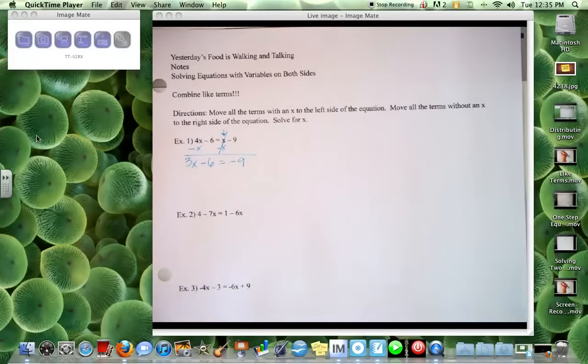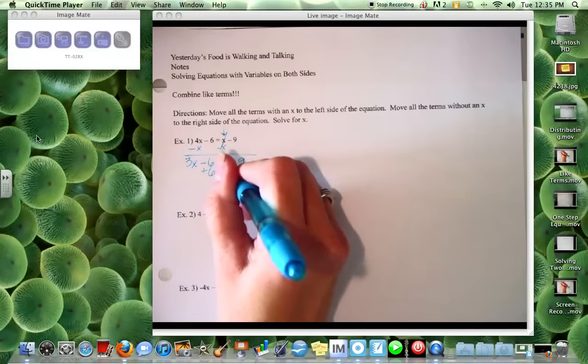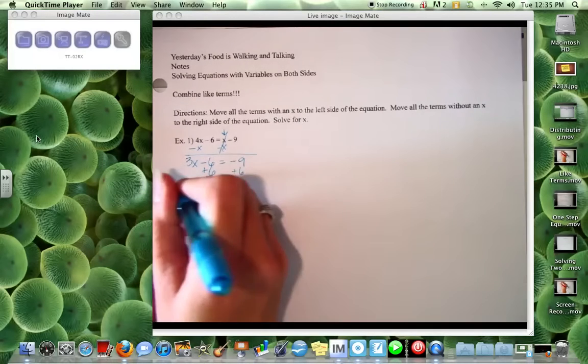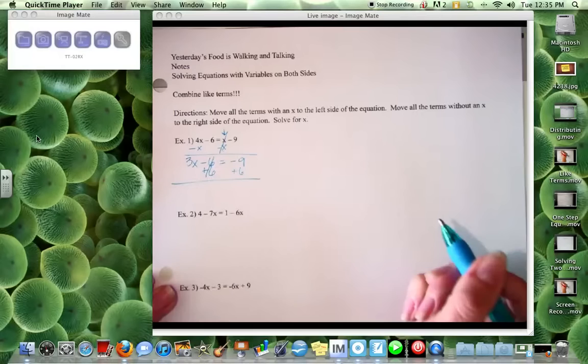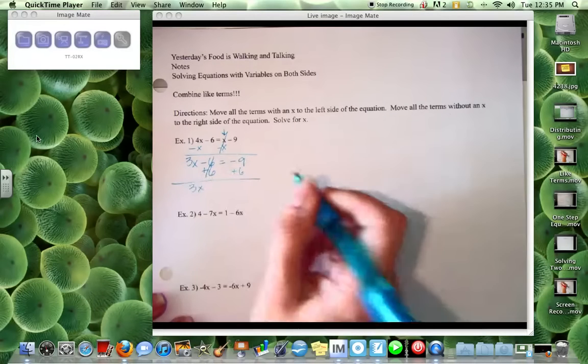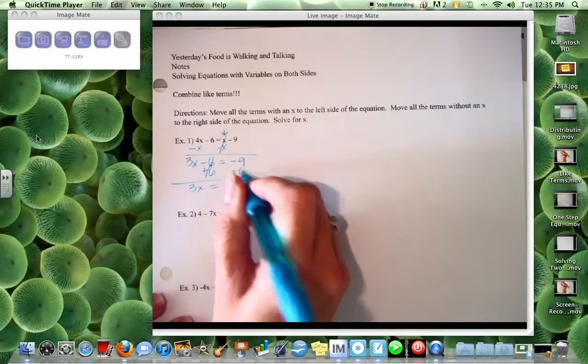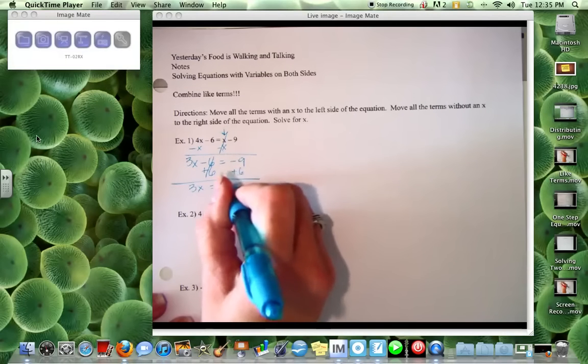So now this looks like a two-step equation that we worked on last week. We add 6 to both sides. The 6's cancel. We have 3x remaining on the left equals negative 9 plus 6, which is -3.